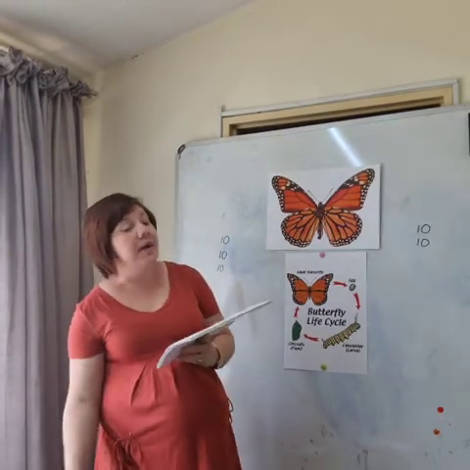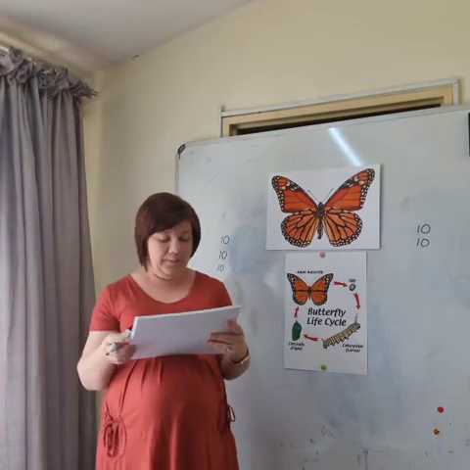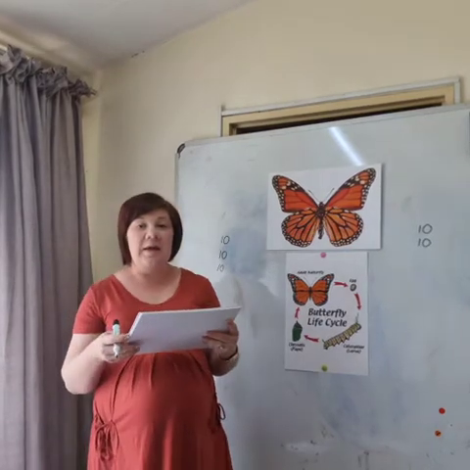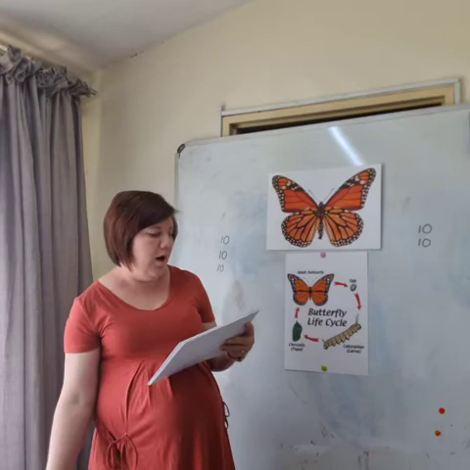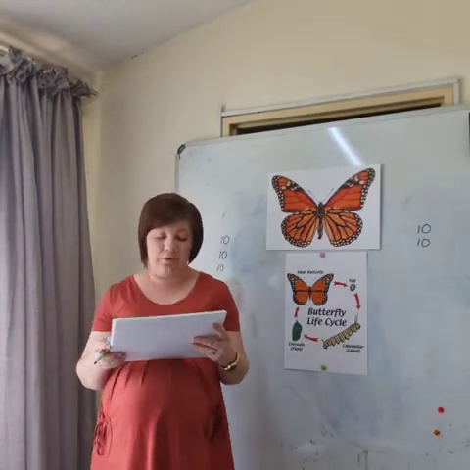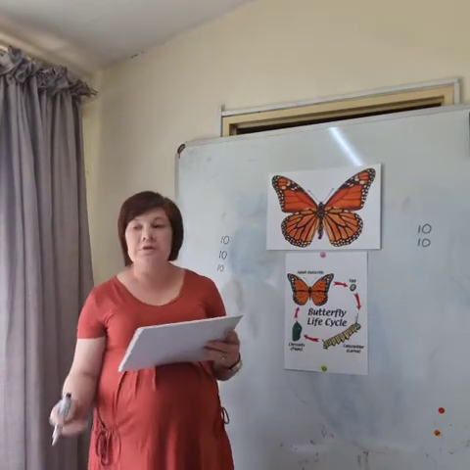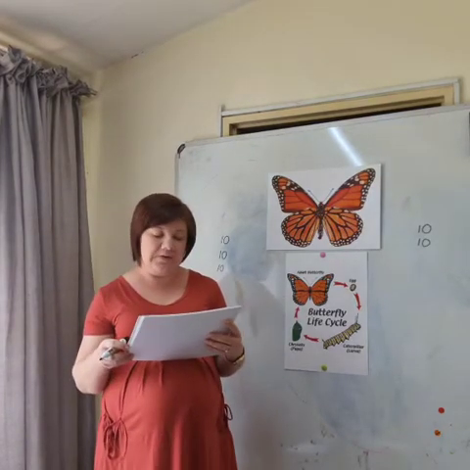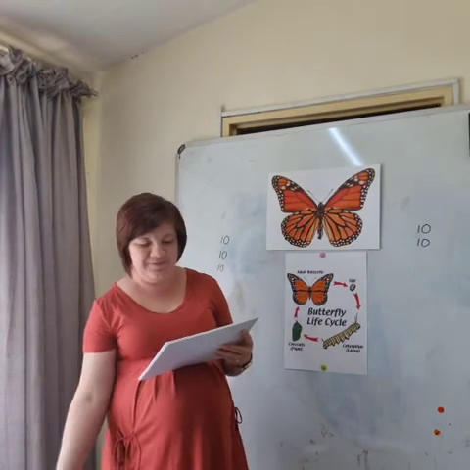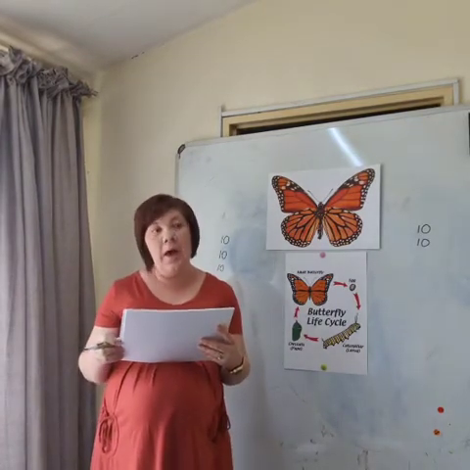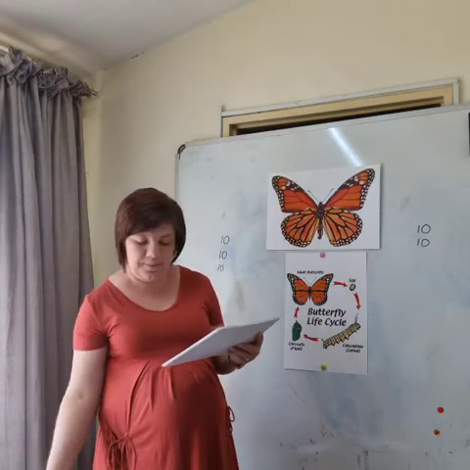I'm so hungry. On Monday he ate through 1 apple, but he was still hungry. On Tuesday he ate through 2 pears, but he was still hungry. On Wednesday he ate through 3 plums, but he was still hungry. On Thursday he ate through 4 strawberries, but he was still hungry. On Friday he ate through 5 oranges, but he was still hungry.